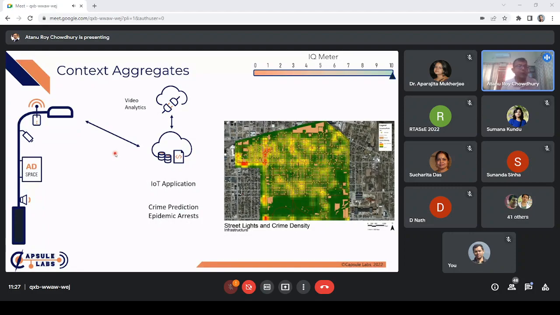It allows me to identify hotspots for particular problems across the city. And this is how a street lamp, which was a mere utility and a cost to the government, can become the source of truth for a number of civic services and improve the government to citizen relationship.